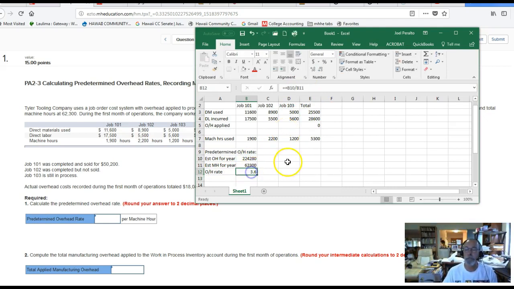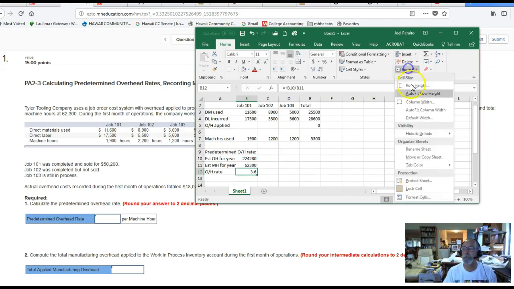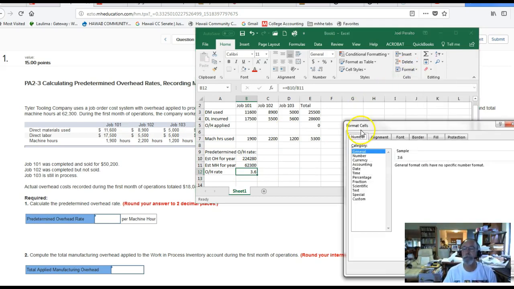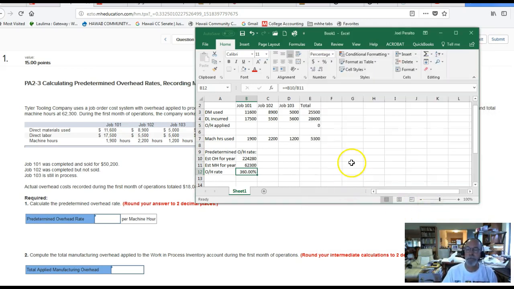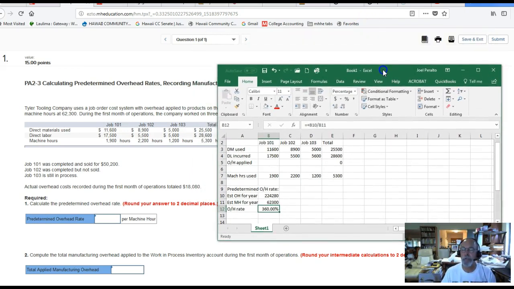And so our rate is, if we change that, it's 3.6, but if we change it to a percentage, we'll see that it's 360%. So our predetermined overhead rate is 360% of machine hours.